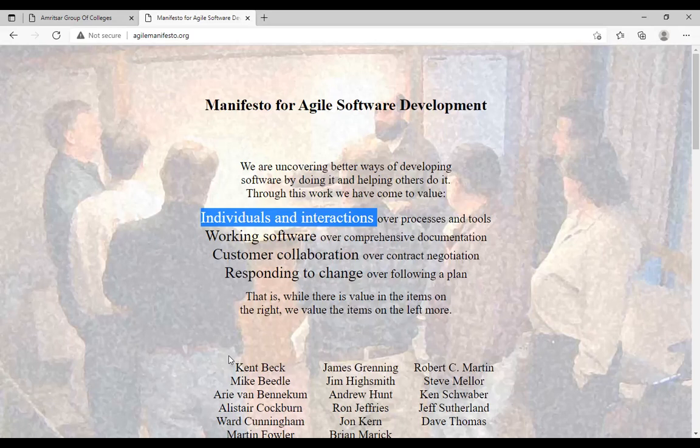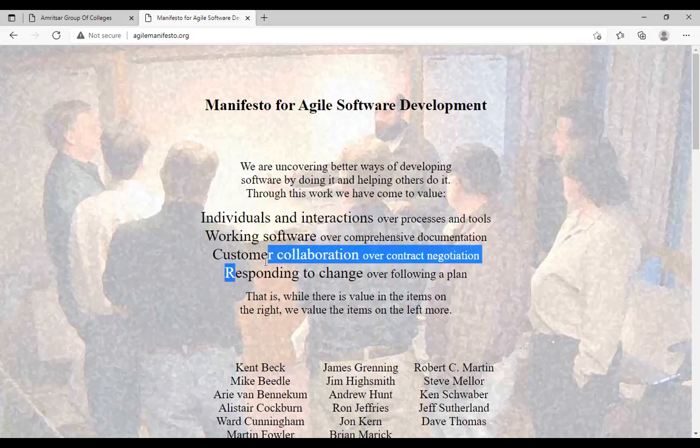Then the third value is customer collaboration over contract negotiation. It is important that the customer collaborates with the developer so that there will not be any problem. Customer communication, or customer input, is very important.